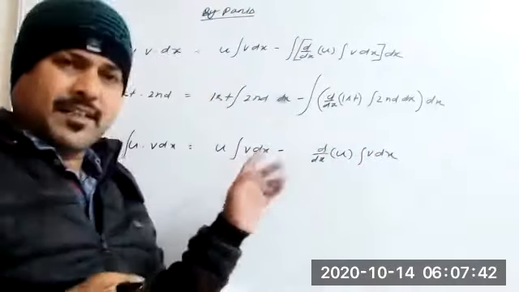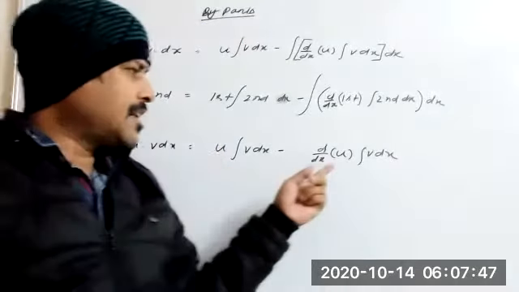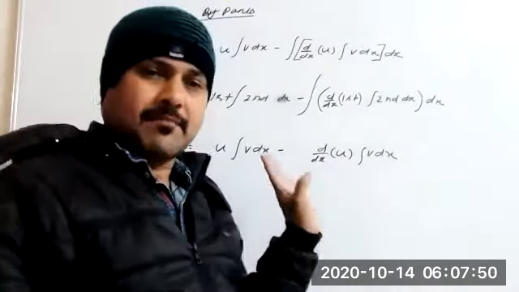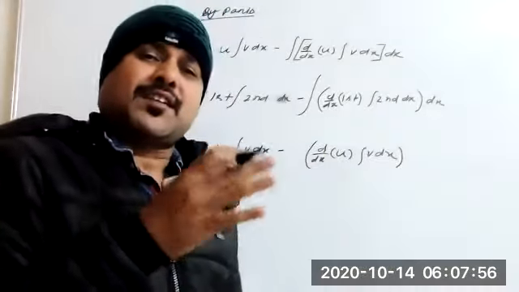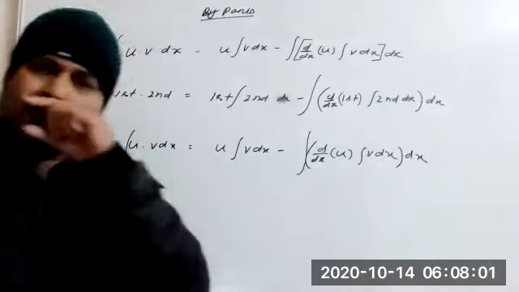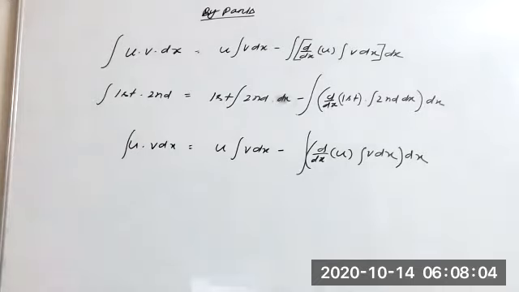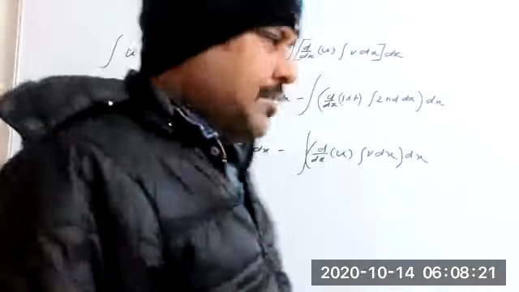The u remains, the derivative of u appears, and the others are the same. Whatever result comes, outside it is the integration. Okay, and this is called the formula by parts. This is the formula.